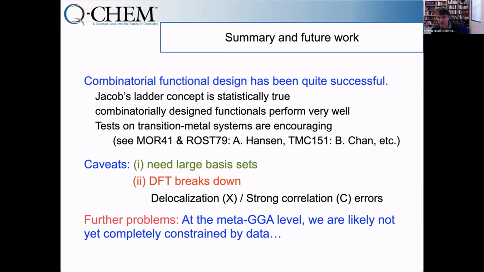Your mileage may vary, but range-separated hybrids are not hopeless for dipole-bound states. There's very nice recent work by John Herbert's group, another Q-Chem developer who'll speak later today, I believe, using DFT to describe the hydrated electron, which is very much in the domain of the kind of states that Professor Simons is talking about.